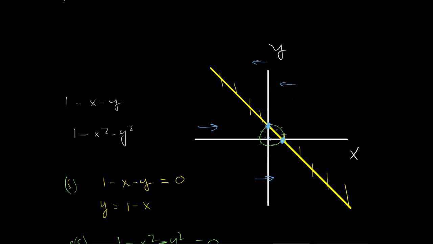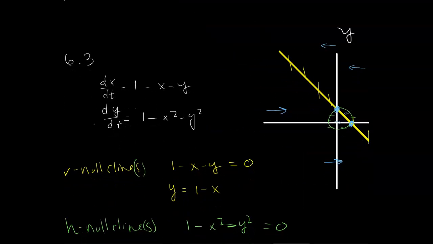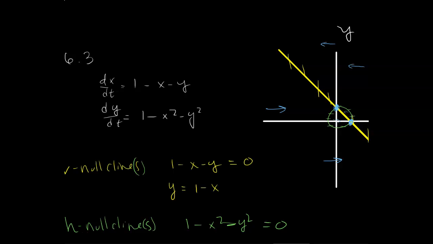Now let's consider our y coordinates. Our y equation gave us this circle when we set it equal to 0. If we pick a point outside the circle, it will give us a certain direction for y, and a point inside will give us maybe the same, perhaps a different one, because the only way to go from positive to negative is to cross 0, so to cross this green circle. So let's take a point outside this green circle, and I'll also graph that in blue along with these arrows I've already drawn.